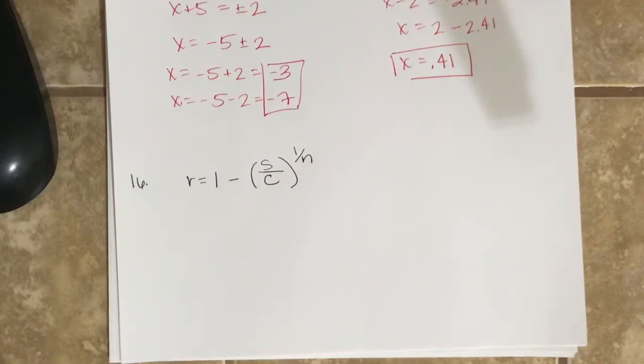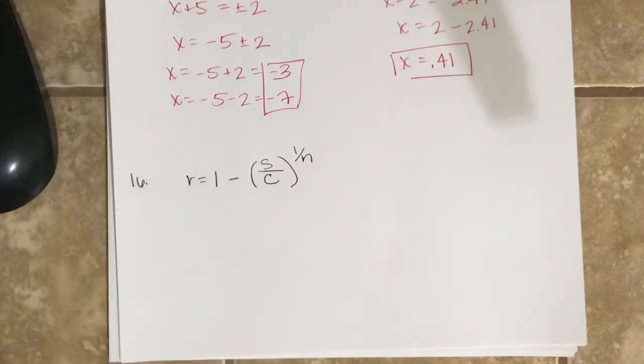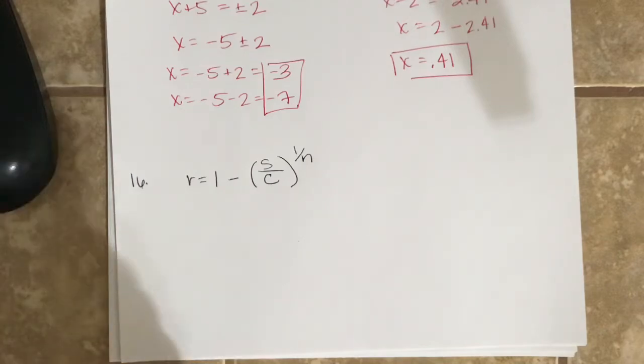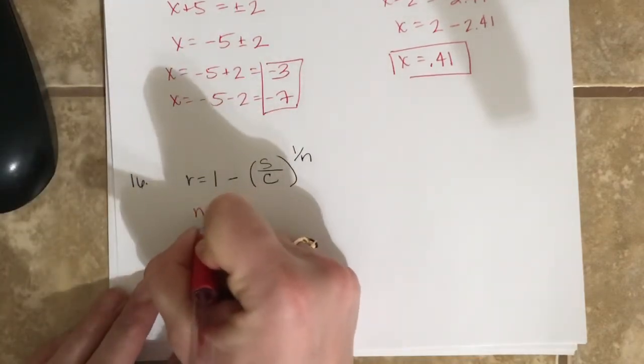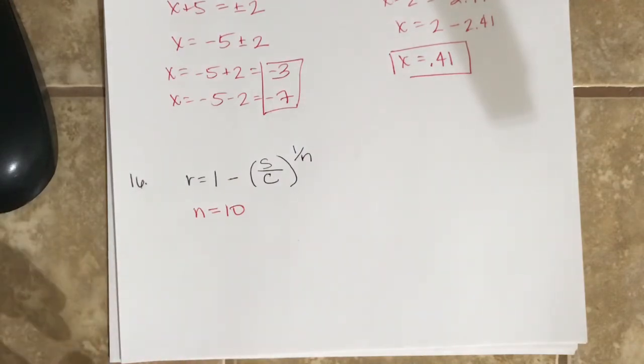The hospital uses the declining balances method for depreciation, so the annual depreciation rate, R, in decimal form, is given by this formula. In the formula, N is the useful life of the item in years. Well, in the problem, they tell us that N is 10 years. S is the salvage value, so like what it's going to be worth in 10 years.